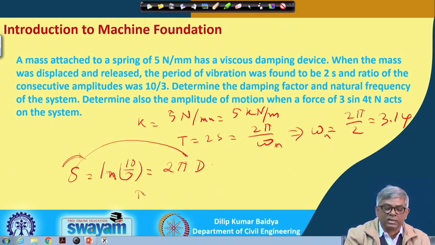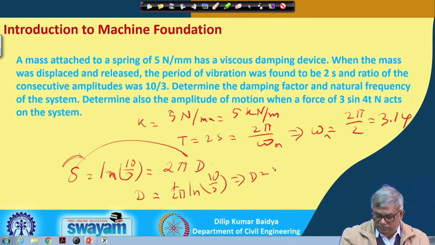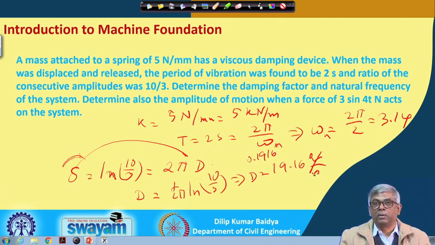So, from there I can get d equal to 1 by 2 pi ln 10 by 3. So, from here I will get d equal to 19.16. Actually, you will get initially 0.1916, but if I put it in percent, it becomes 19.16%.